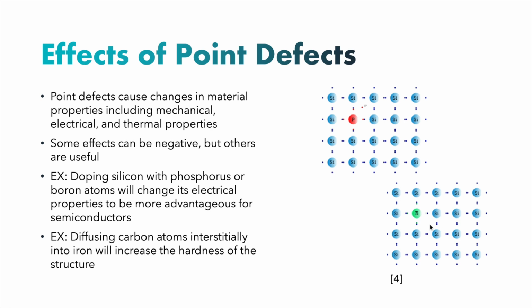An example of this would be doping silicon with phosphorus or boron atoms, which change its electrical properties to be advantageous for semiconductors, and creating both N and P semiconductors. Another example of this is diffusing carbon atoms interstitially into iron, which will increase the hardness of the structure.